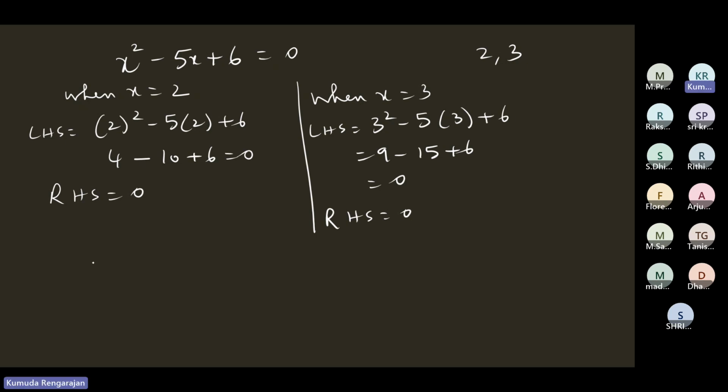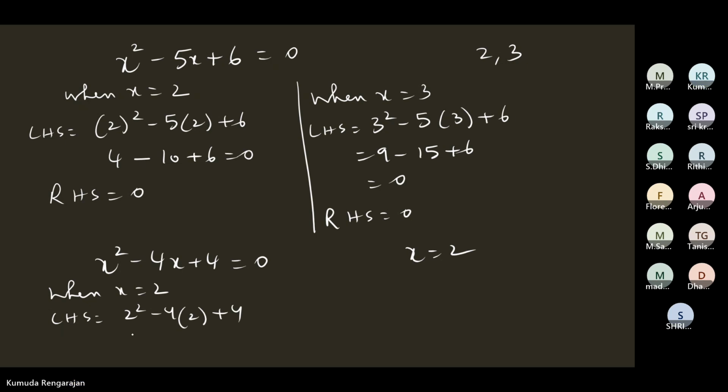Now consider this one. So here, let's try when x is 2. When x is equal to 2, the LHS will be 2 square minus 4 into 2 plus 4. So 2 square is 4 minus 8 plus 4, which is 0.